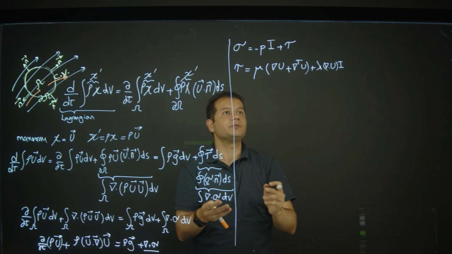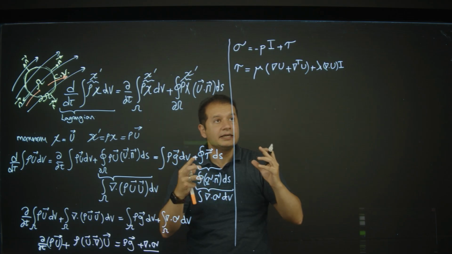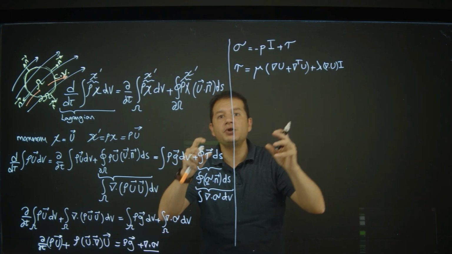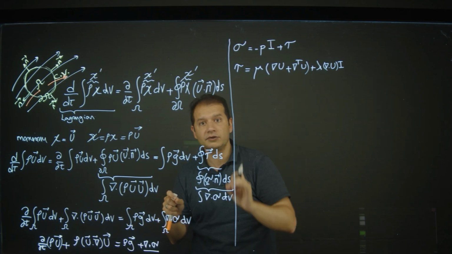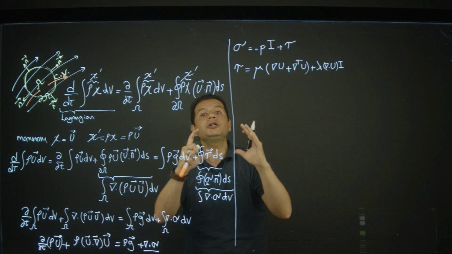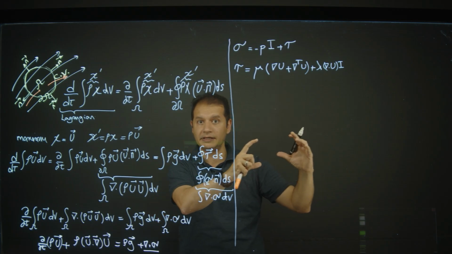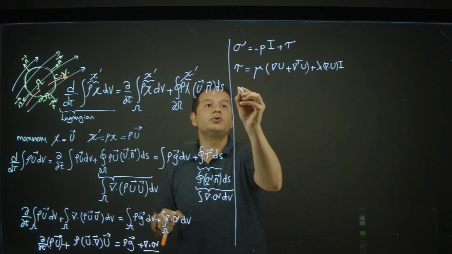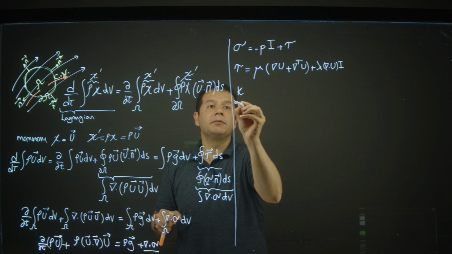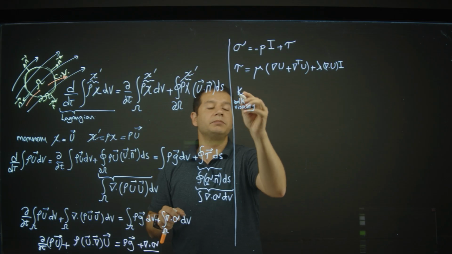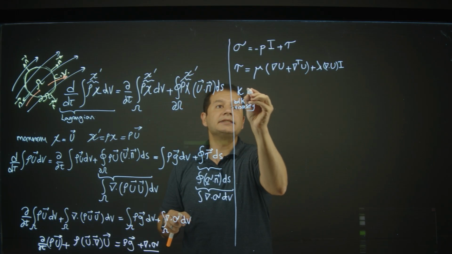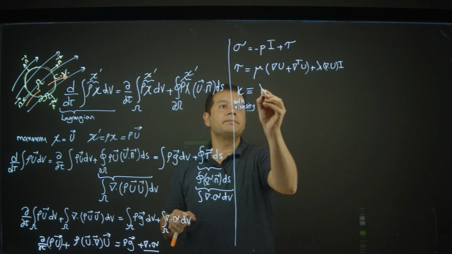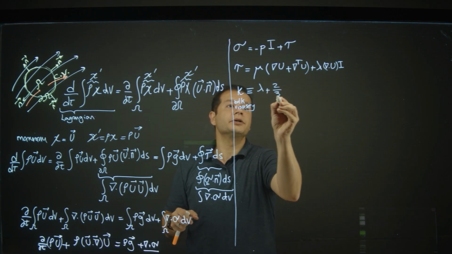However, if I write it this way, looking at the physics, the first term is not purely shear. The diagonal entry of the first term is still non-zero. To make it purely shear plus purely compressibility, I am going to introduce bulk viscosity, as a complementary coefficient to the shear viscosity. That K is defined as lambda plus 2/3 of mu.